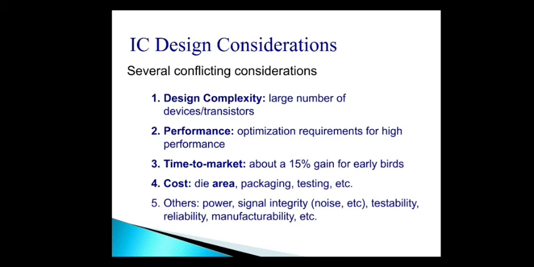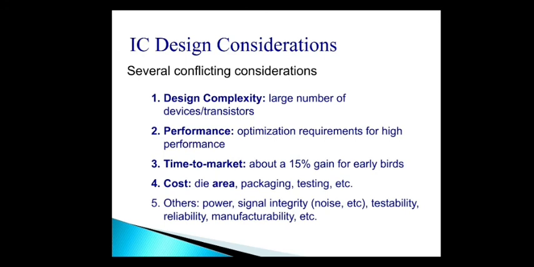Second is performance. Optimization requirements for high performance. That means if we require high performance, we have to optimize that circuit. We have to reduce that circuit. Next is time to market. About 15% gain for early bird.